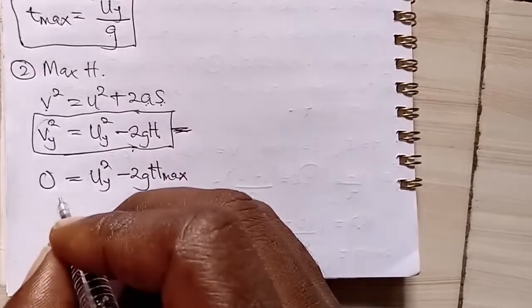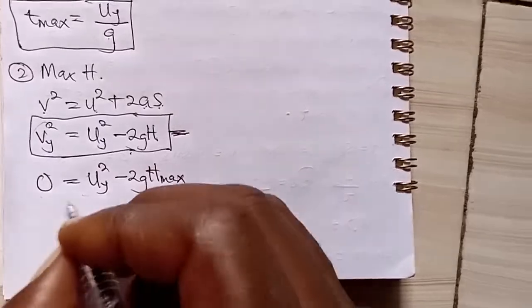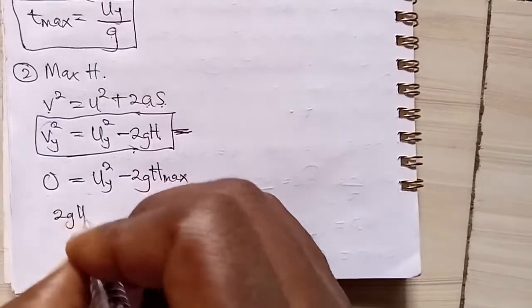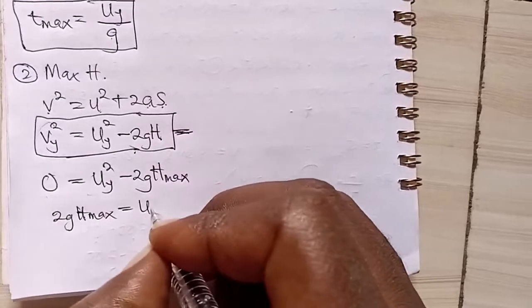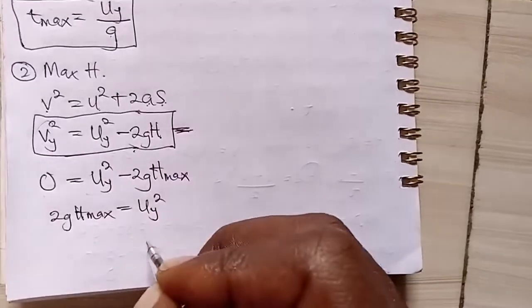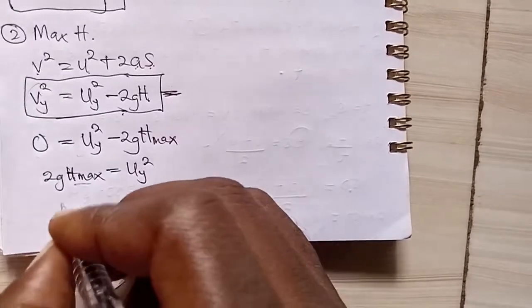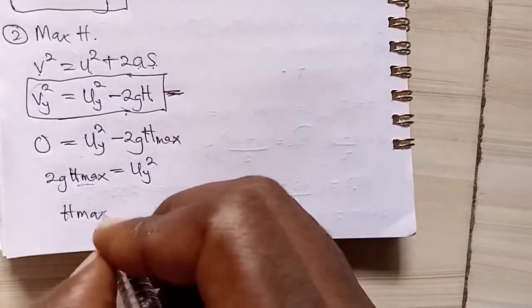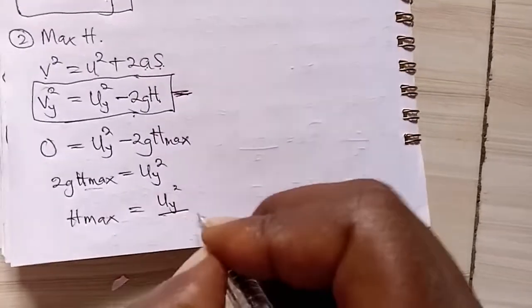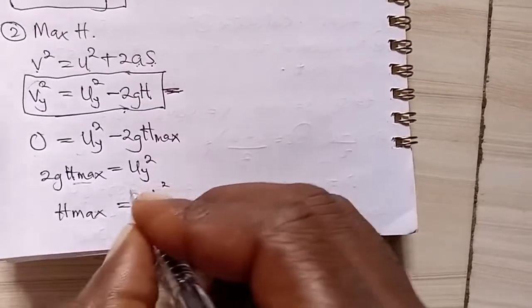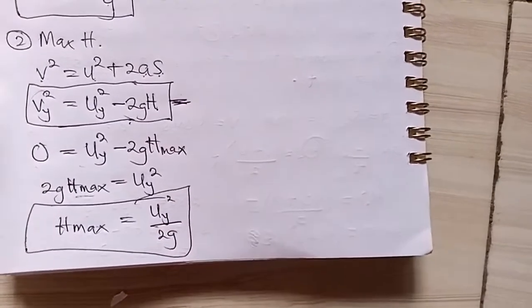So from there, what it means is that if this crosses over, 2g h max is now equal to uy squared. So from there, we can make this the subject of the formula. H max is now uy squared over 2g. So this is the formula for maximum height.